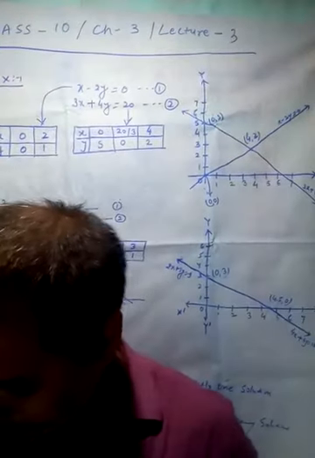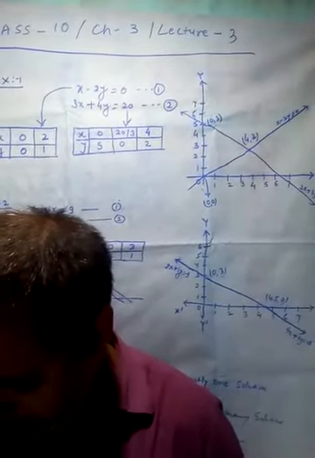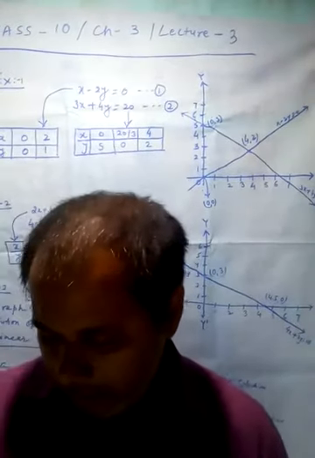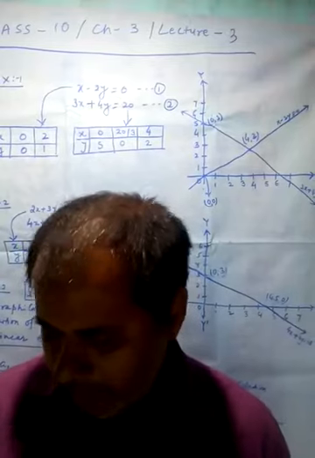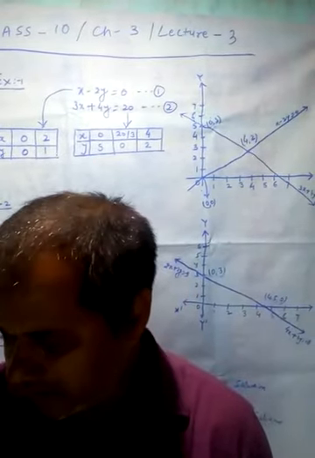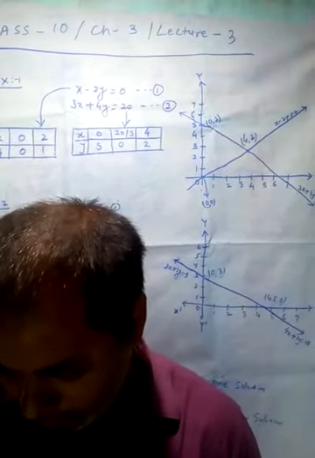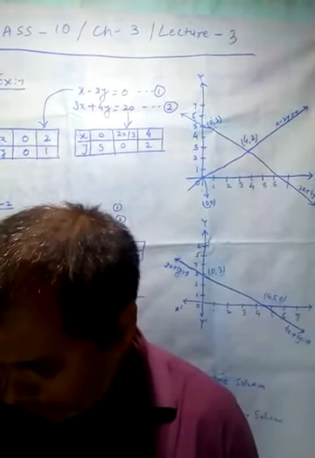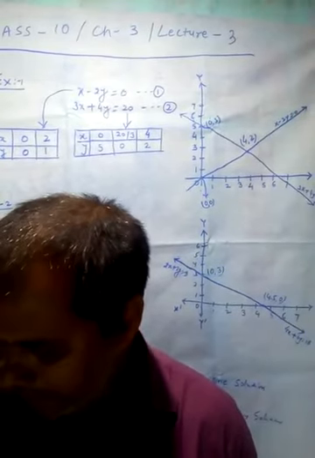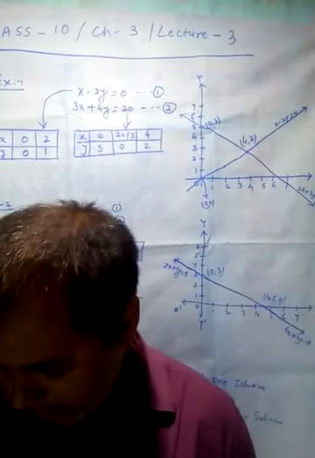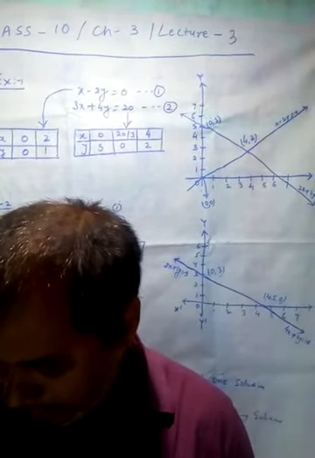That means that the equations have no common solution. A pair of linear equations which has no solution is called an inconsistent pair of linear equations. A pair of linear equations in two variables which has a solution is called a consistent pair of linear equations.